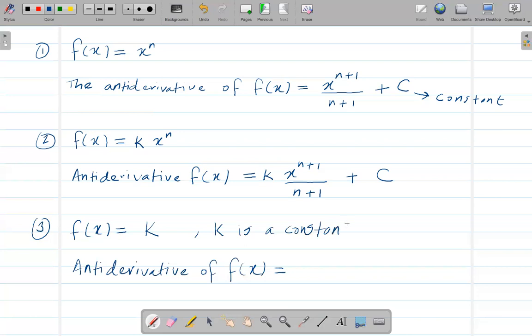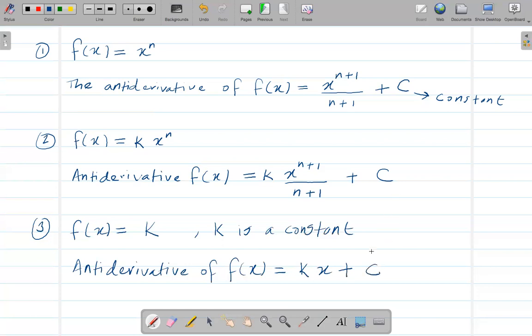When you take the antiderivative of a constant, it is always that constant k times x, because the function is in terms of x. If it were f of p, then this should have been p. But since we have f of x, it is k times x plus, again, a constant.